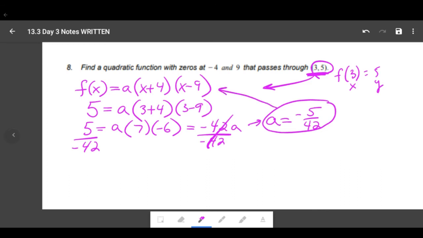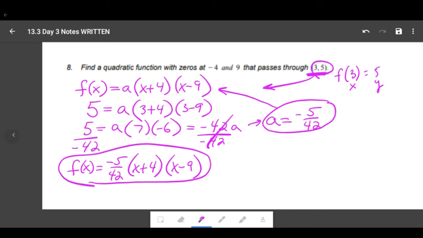So if I put that in here, f of x equals -5/42 (x plus 4)(x minus 9), this is a fantastic quadratic function. Okay, that's a fantastic quadratic function that, if it doesn't specify, you can leave your answer like that because that is a quadratic function just written in factored form.